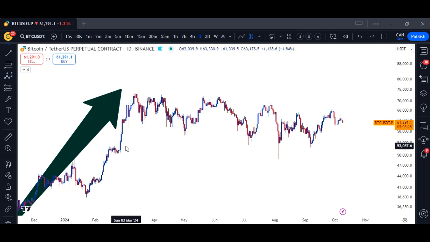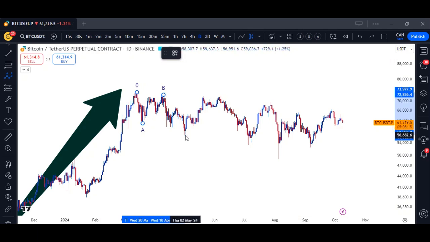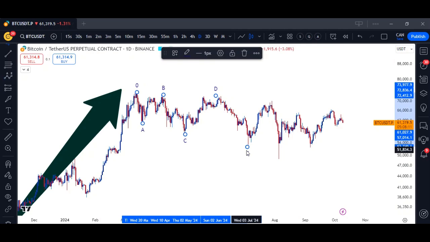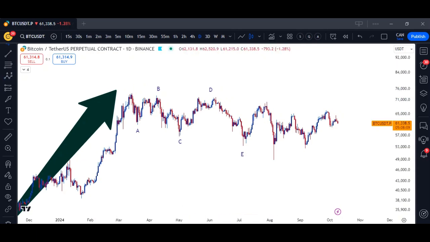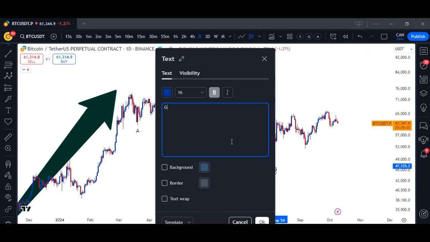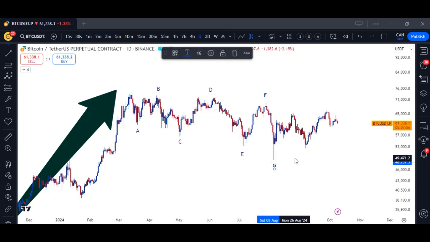Well, we did that and we can say that price started a very complex pattern, a diametric pattern, which started from here, then here, A, B, C, D, E, and then another one, F, and finally G. This was where the first complex correction was over.